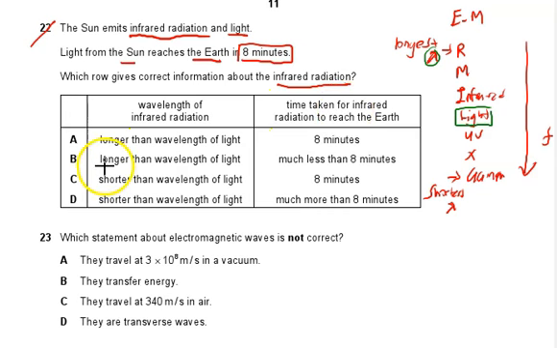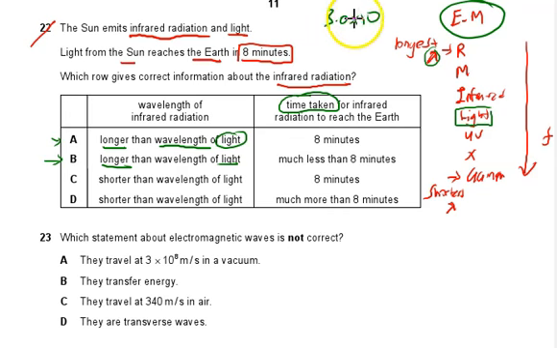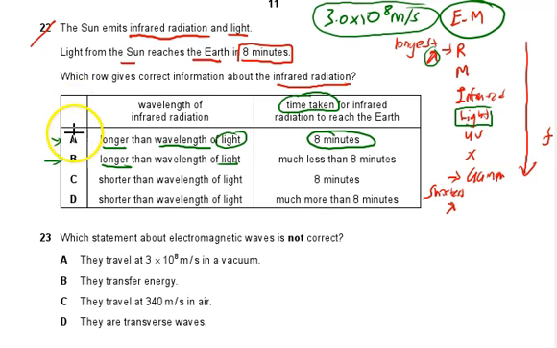So your answer should be longer than the wavelength of light, so it should be A or B. If you look at the time taken, the speed of all the EM waves is the same, which is 3 multiplied by 10 to the power of 8 meters per second. So it should be 8 minutes at the same time. So your answer here will be A.